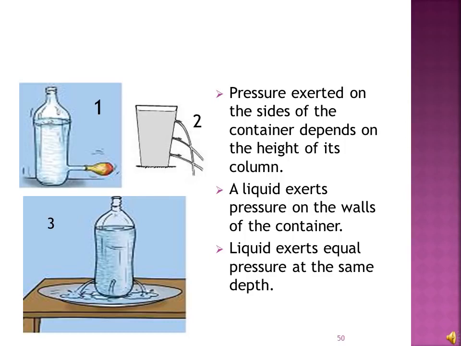Holes are made near the bottom around the bottle. The holes are at the same height from the bottom. The bottle is filled with water. The water comes out of the holes and falls at the same distance from the bottle. What does this indicate? That is, liquids exert equal pressure at the same depth.